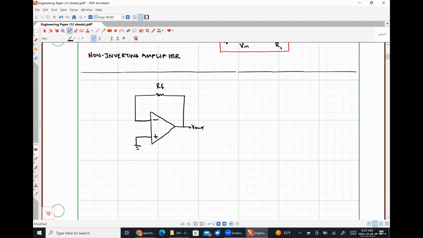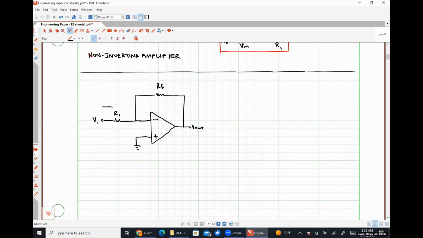The changes that we're going to see are over here on the left-hand side as to what's connected to our inverting input terminal. So if we had a single resistor here, let's call it R1, let's call this voltage V1, we would have just our basic inverting amplifier topology.